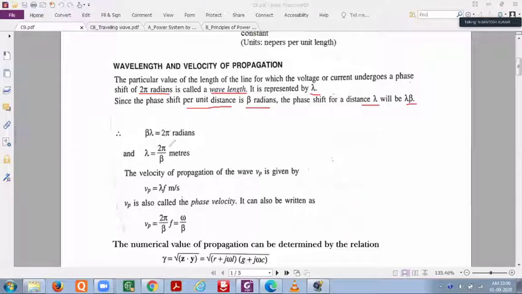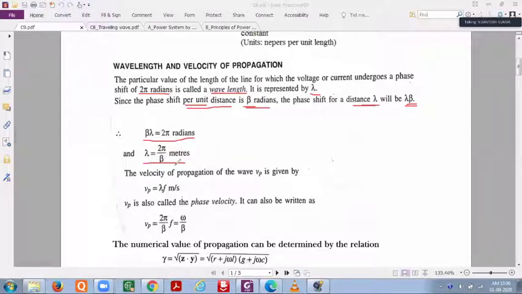So per unit, 1 kilometer distance, the phase shift is beta radians. Then if it has traveled a distance of lambda, the phase shift will be lambda into beta. So lambda into beta is the phase shift of 2 pi radians. Sending beta to the denominator, the wavelength lambda will be 2 pi by beta, right?